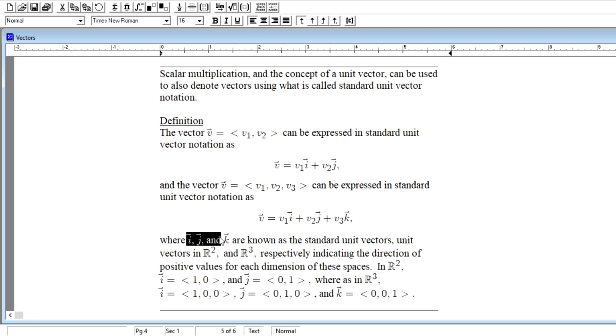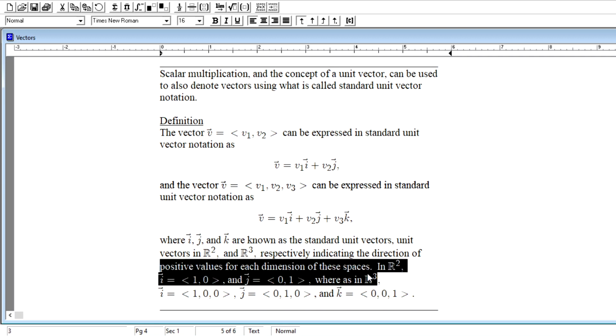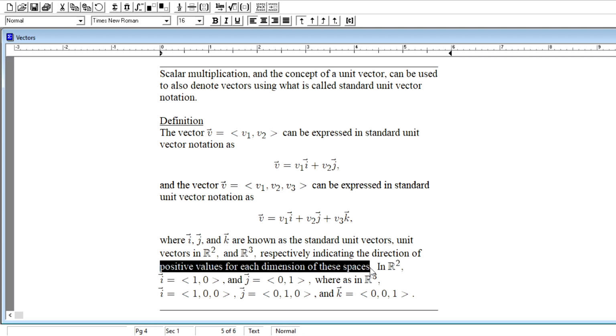All right? I described them down below here, along with what we'll see added to that as a standard unit vector in three-dimensional space. But these are, respectively, indicating the direction of the positive values for each dimension of these spaces.